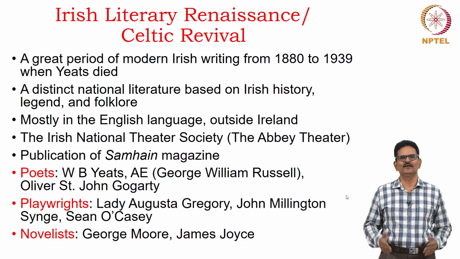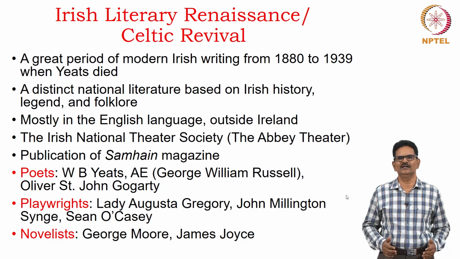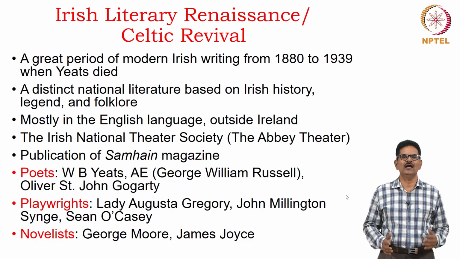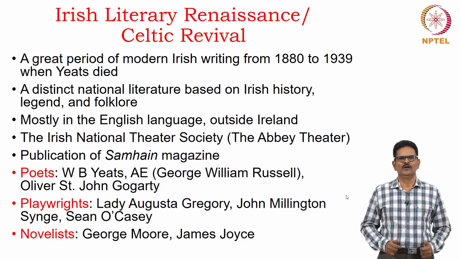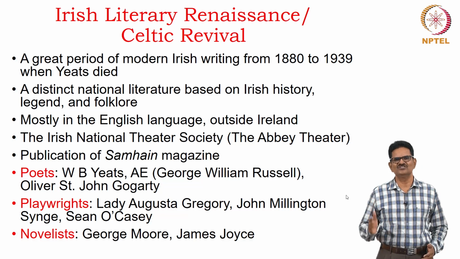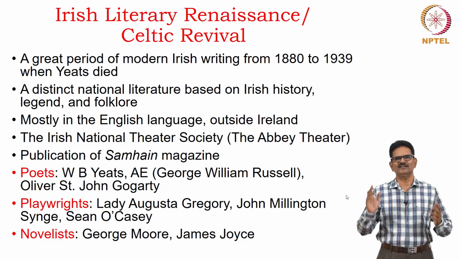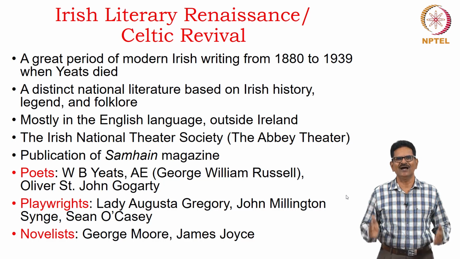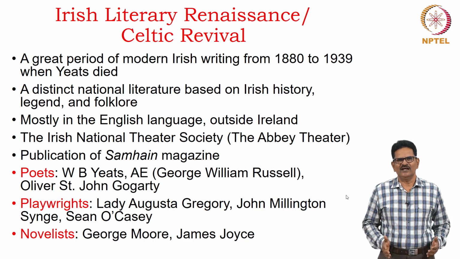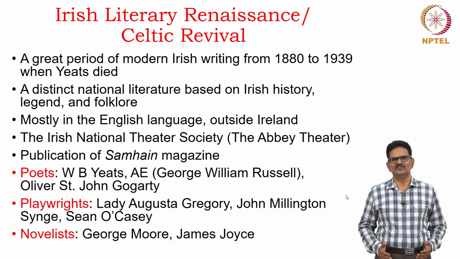For playwrights, we have Lady Augusta Gregory, John Millington Synge and S. O'Casey. For novelists, we have two great novelists, George Moore and James Joyce. These writers contributed to the Irish literary renaissance in the late 19th century and early 20th century.